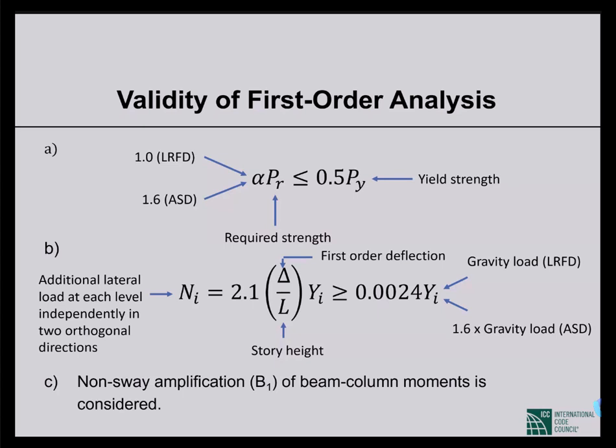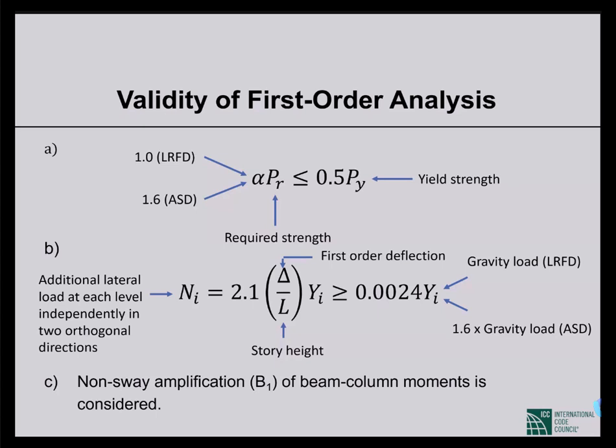Secondly, we have to provide additional lateral load at each story level in both X direction and Y direction independently, not at the same time. Once in the X direction and in another load case in the Y direction. So first we have to run the problem without this additional load, and we have to calculate the first order deflection.